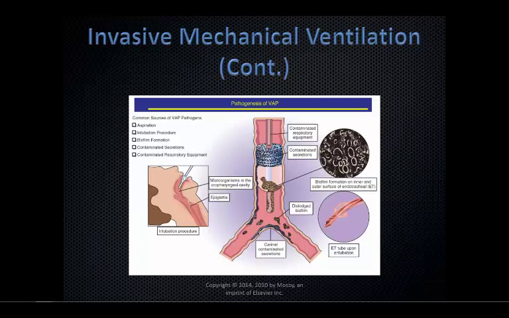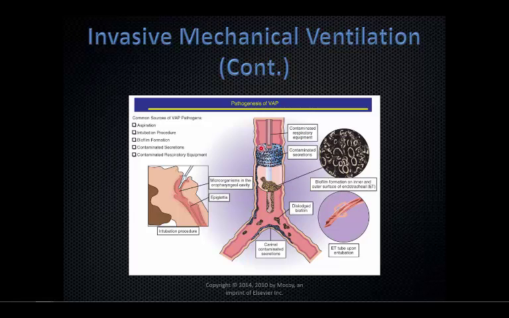So this is just a picture that demonstrates the pathogenesis of ventilator-associated pneumonia. And let me just pull up my laser pointer. You can see we start off with the intubation procedure. Here's the epiglottis. The endotracheal tube is inserted, the balloon is inflated, and we can see that over time a biofilm can grow over the surface of the endotracheal tube.